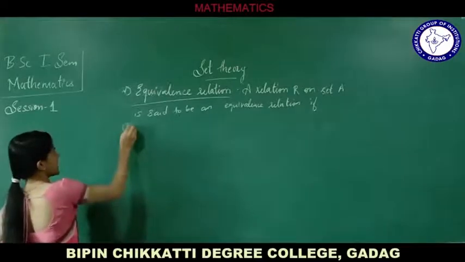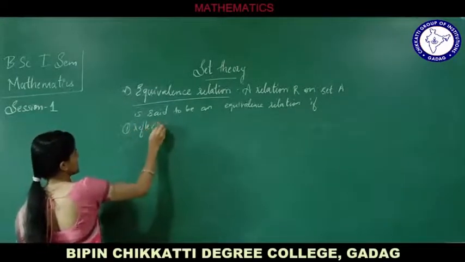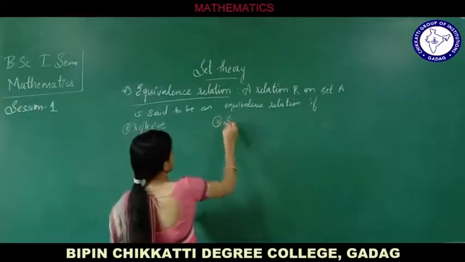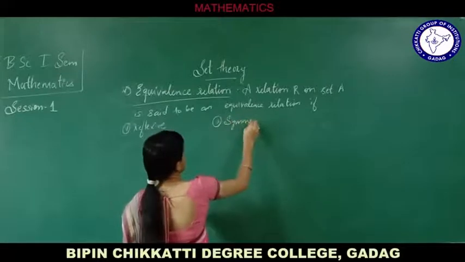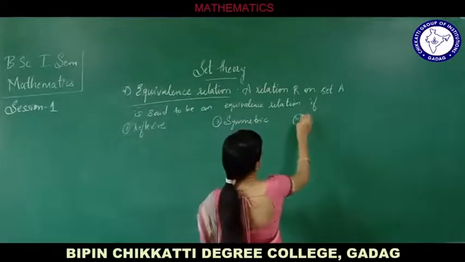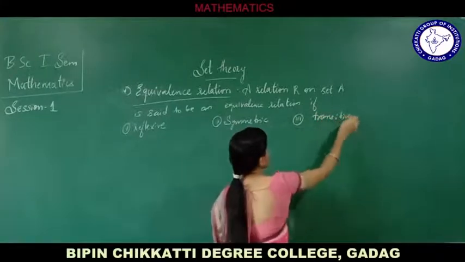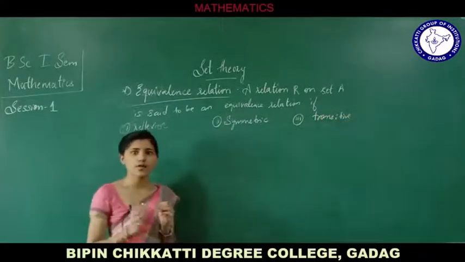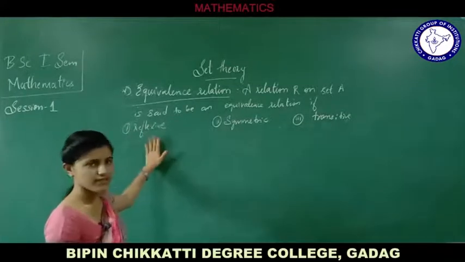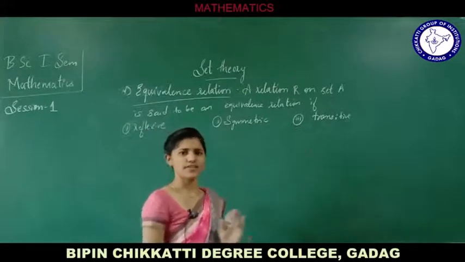The first one is that it should be reflexive. The second one is that it should be symmetric, and the third one is that it should be transitive. So, before studying equivalence relation, let us know what is reflexive, symmetric and transitive. It's a very, very simple thing.